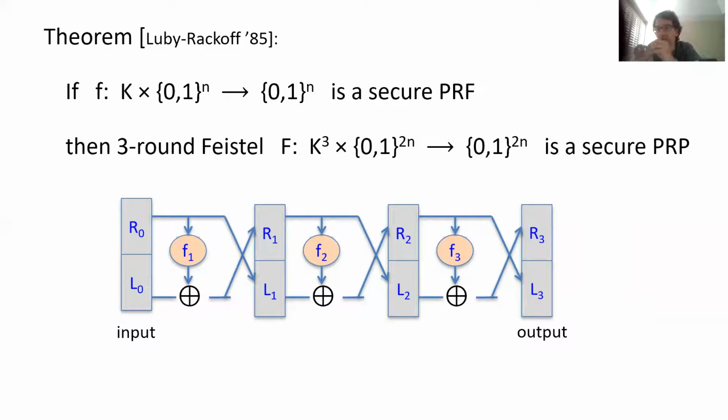You can take a PRG and just output the first 4 bits of its output. So there's nothing wrong with this. The only thing that cannot be short is the size of the seed, in other words, the key of the PRF.